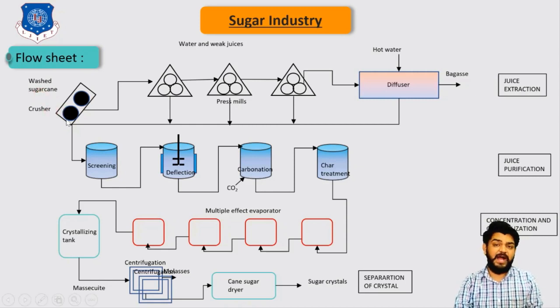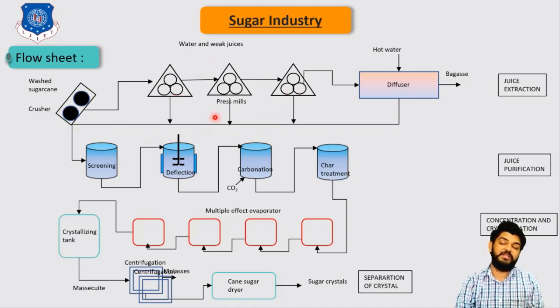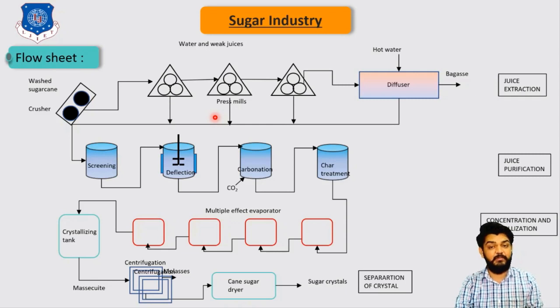The juice coming out of this crusher is directly sent to the screening section, and the remaining sugarcane is sent to the press mills, right? These press mills operate to extract the maximum amount of juice from the sugarcane, and it is then sent to the diffuser, where we separate the sugarcane juice and the remaining sugarcane, known as bagasse.